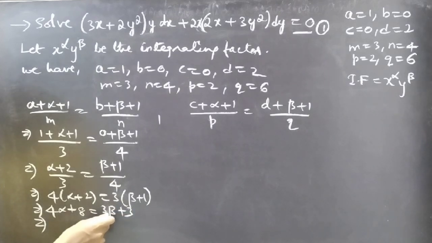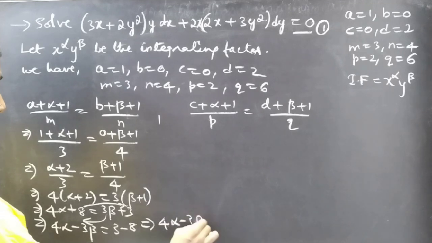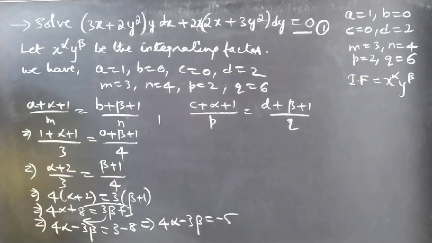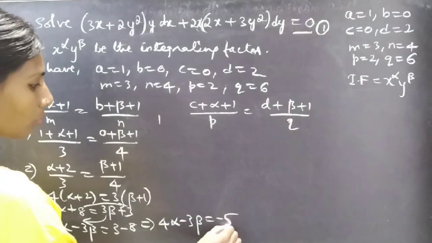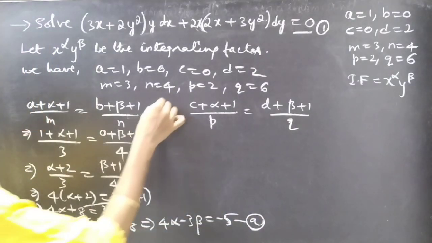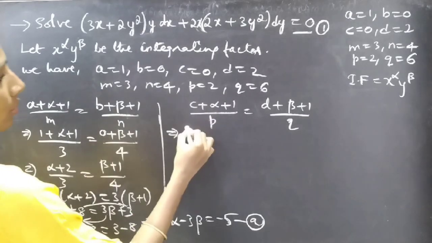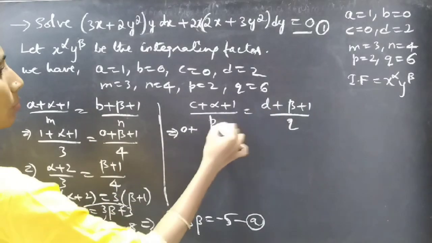Now bring this 3 beta to LHS and take this 8 to RHS, we'll get 4 alpha - 3 beta = 3 - 8, which gives us 4 alpha - 3 beta = -5. Consider it as equation number A.